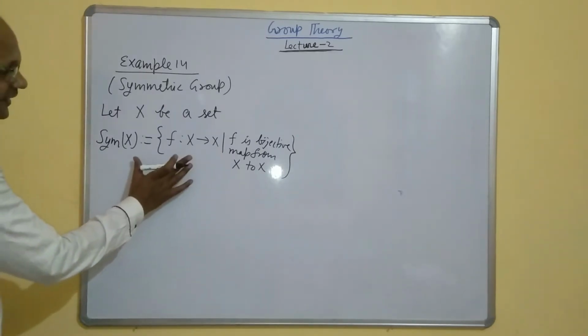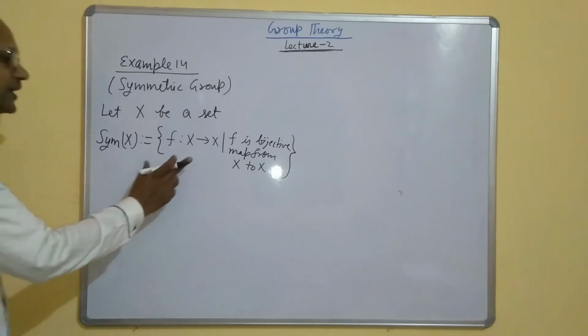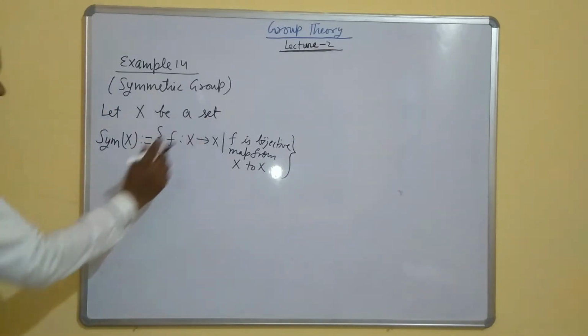Now we know one thing, that if we compose two bijective maps, then the composition will again be a bijective map. So what is composition of map?